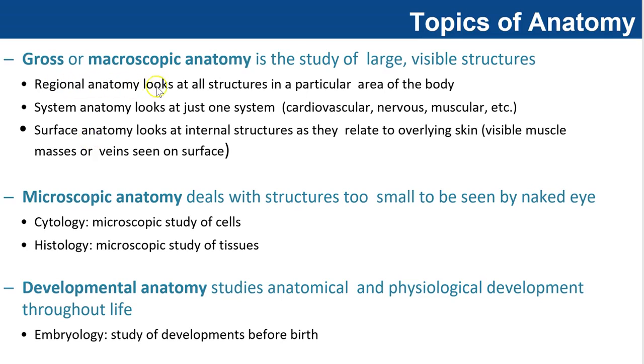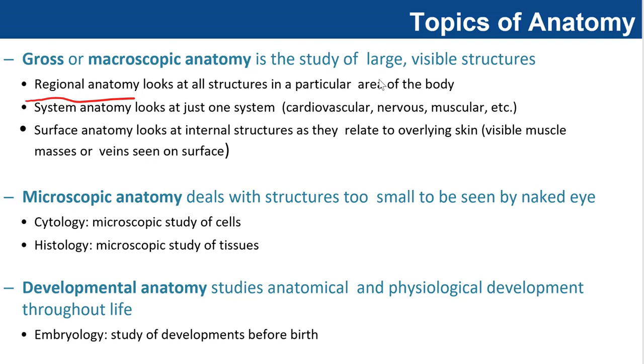Regional anatomy looks at all the structures in a particular area of the body. In regional anatomy, the body is sectioned into regions such as head and neck, trunk, upper and lower extremities, and then we study these organs region by region.